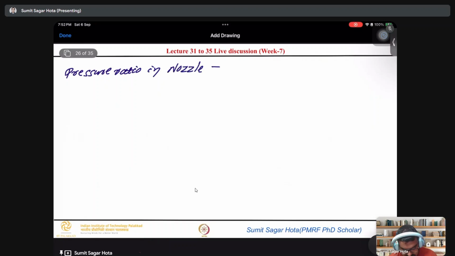The pressure ratio in the nozzle is P4 dash by PA, which is 1.732 bar divided by PA.